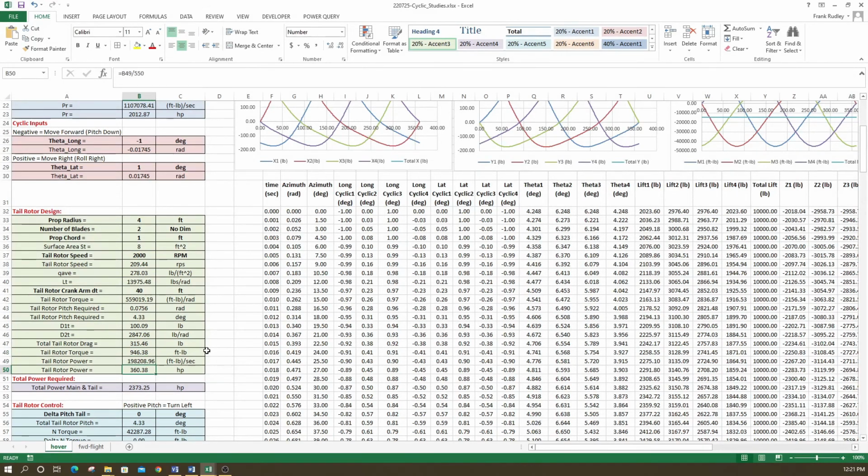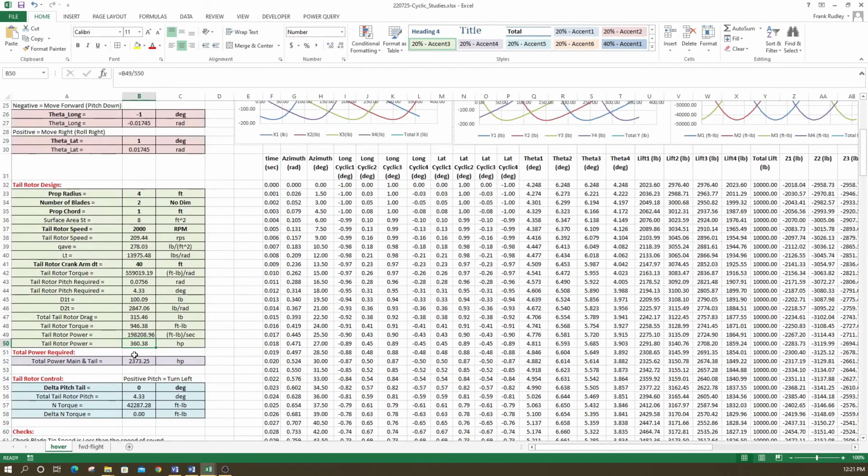Our tail rotor is taking an additional 360 horsepower. If we add up the total power, the tail rotor power and the main rotor power, we need 2,373 horsepower. So it's a pretty big engine. Well, it's a heavy helicopter, so that might be typical for a 10,000-pound helicopter.